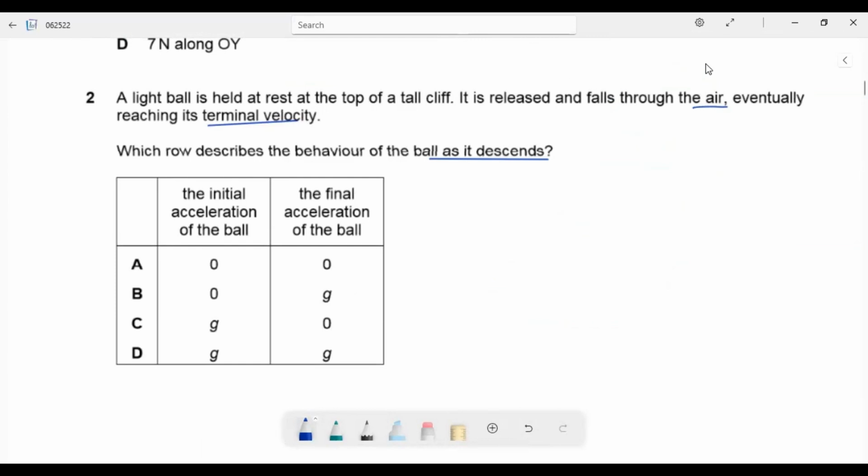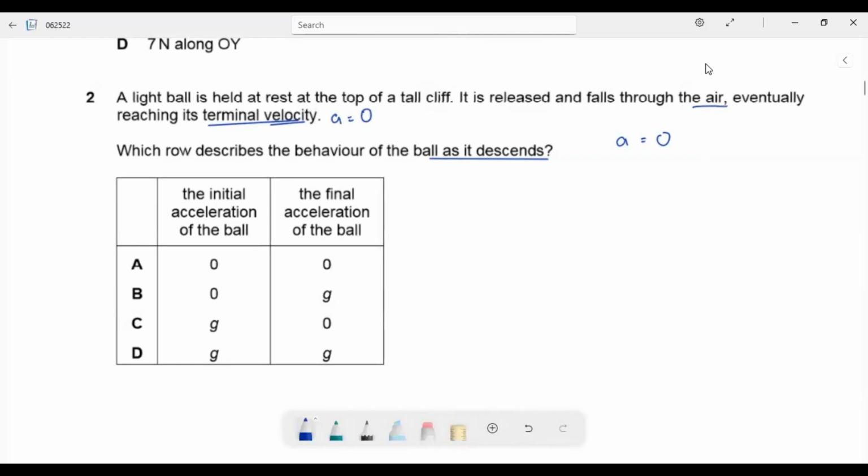Initially, the ball accelerates due to the force of gravity. When the ball is reaching terminal velocity, the acceleration will be 0.